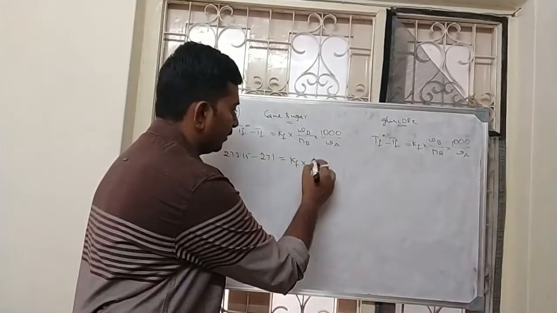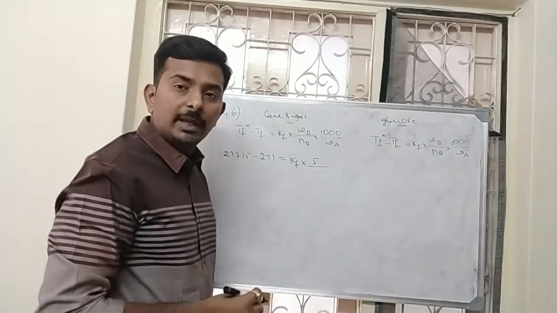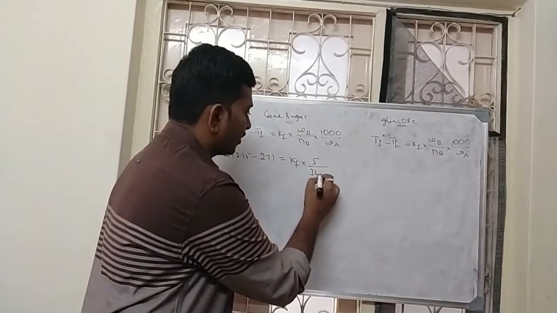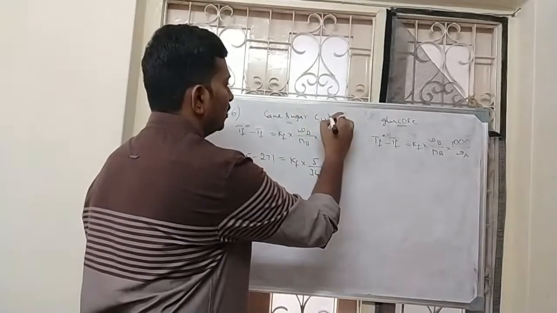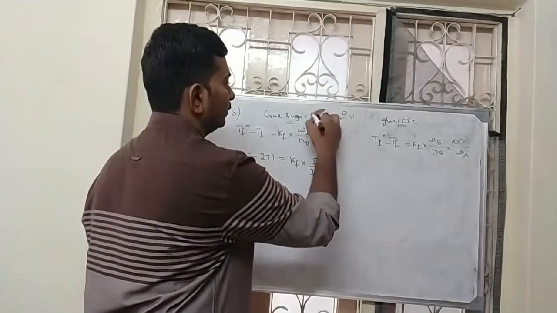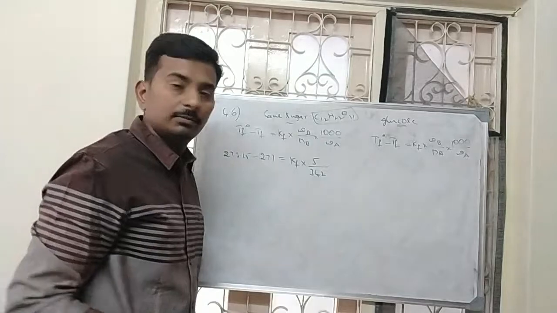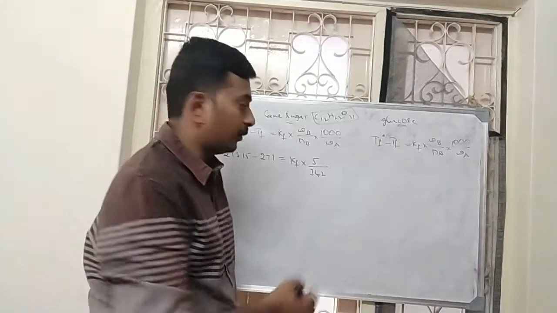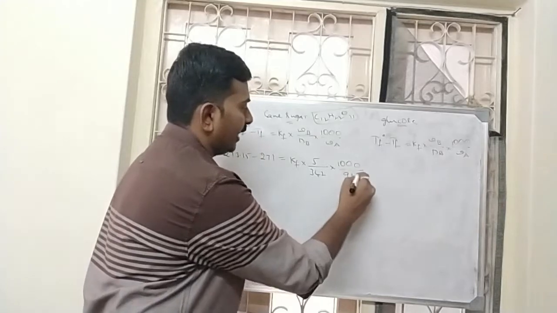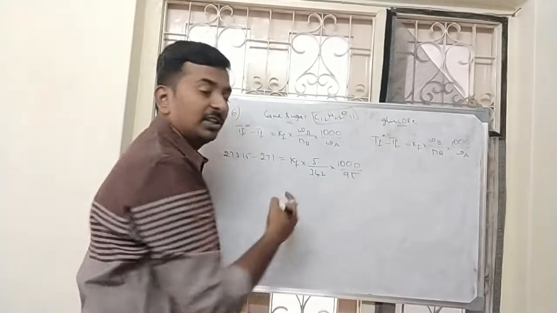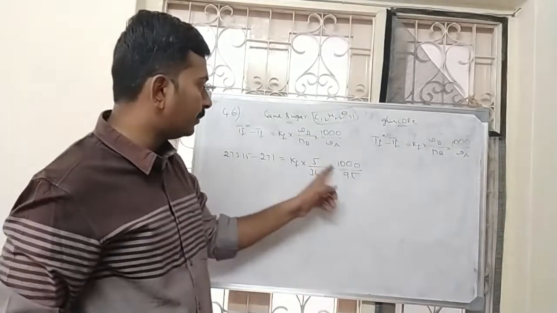So 5% means mass of solute will be 5, by molar mass of cane sugar, 342. The formula of cane sugar is C12H22O11, it is sucrose. So molar mass will be 342, into 1000 by mass of water, which will be 95 grams, because it is percentage by mass: 5 grams in 95 grams of water.